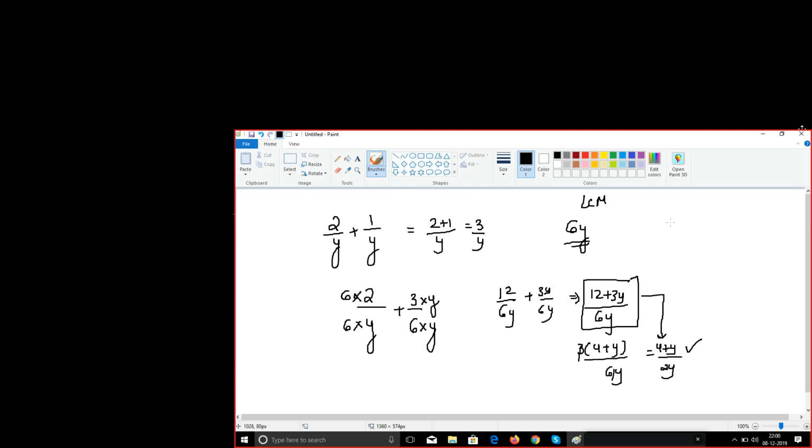So the question is 5 divided by 3t minus 2 over 7t.